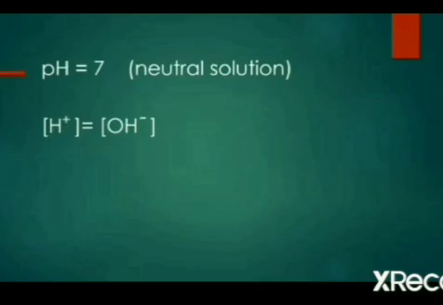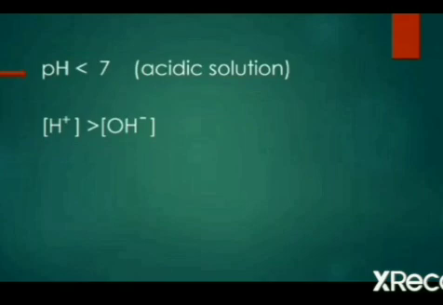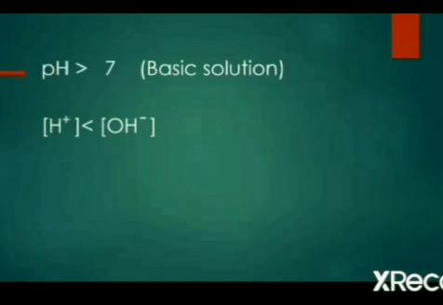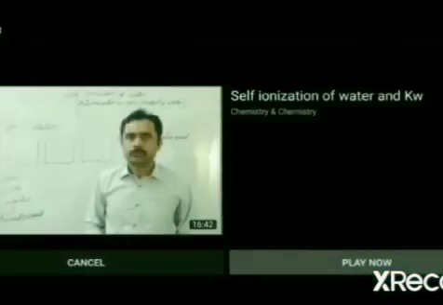Talking in terms of concentration, if the H plus concentration is greater than OH minus, the solution will be acidic in nature. Good. If pH is greater than 7, it means the H ion concentration is less than the OH ion concentration, and the solution will be basic in nature.